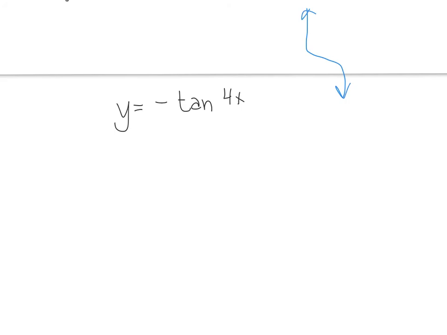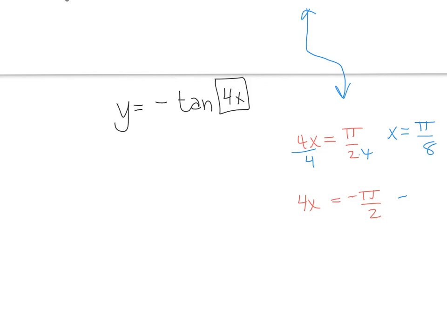And then what I'm going to do is I'm going to take this part, take 4x, and set that equal to positive pi over 2 and negative pi over 2. This is going to help me find my vertical asymptotes. So when I divide both sides by 4, this is going to give me an asymptote of pi over 8, and over here it's going to be negative pi over 8.